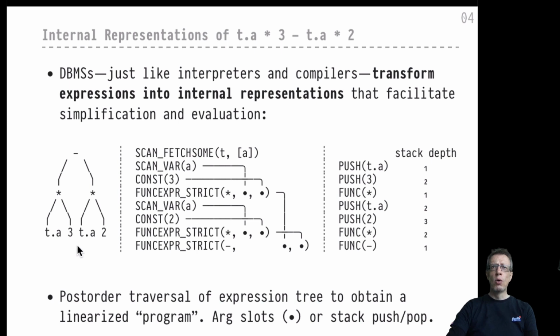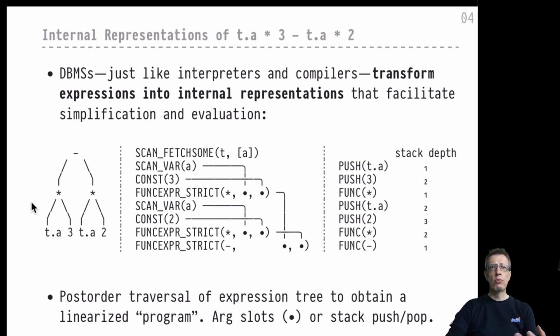So we would probably find something that is closer to what we see here in the middle and in the right-hand side column on this slide. We would be able to generate this linearized form from this tree-shaped form by performing a post-order traversal of this abstract syntax tree.